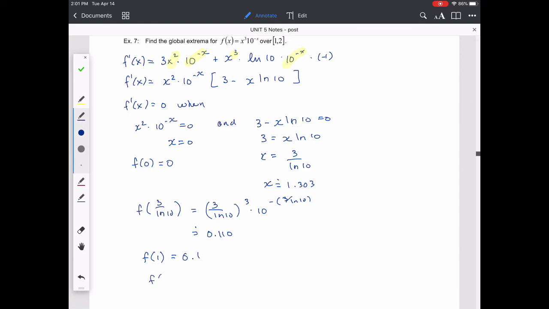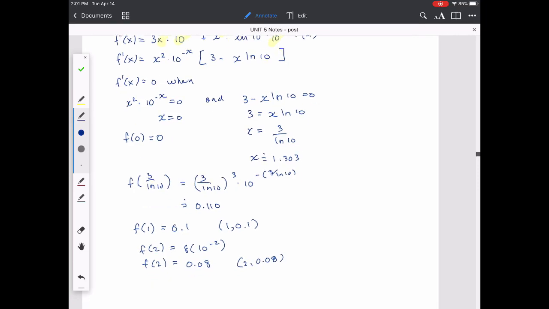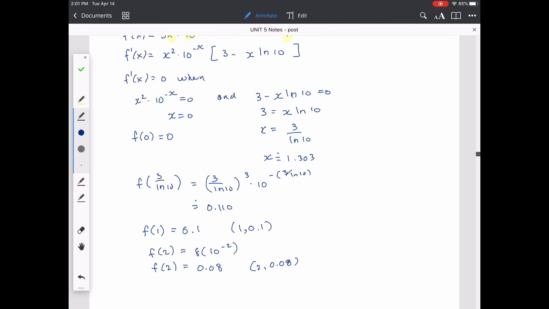And if I do f of 2, we have 8 times 10 to the exponent negative 2, which means 8 over 100. It means f of 2 is equal to 0.08. So in this case here, it's going to be 1 and 0.1. In this case here, it's going to be 2 and 0.08. So we can clearly see that that value there is higher than the 0.1.